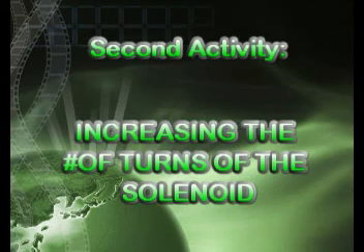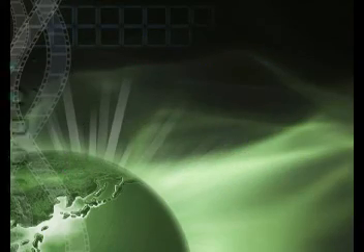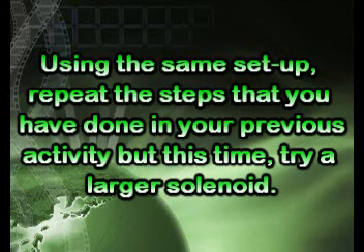Second activity, increasing the number of turns of the solenoid. Using the same setup, repeat the steps that you have done in your previous activity, but this time, try a larger solenoid.